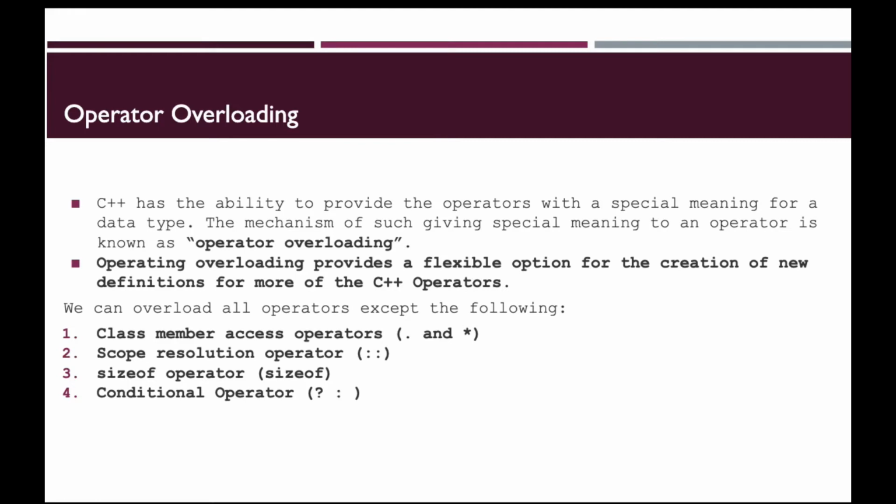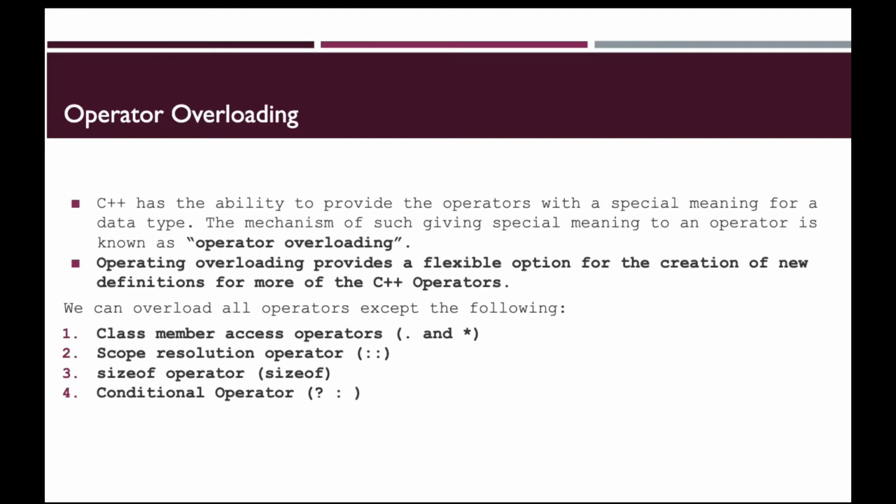So operator overloading provides a flexible option for the creation of a new definition for most C++ operators. If you want to give a special meaning to an existing operator, then we can overload that operator in the existing classes. Just like, suppose the plus operator is generally used to add two integers or float values, but the same plus operator I can use to add two complex numbers.